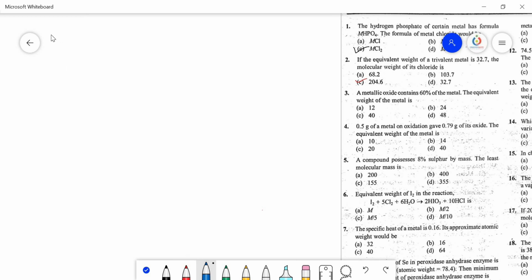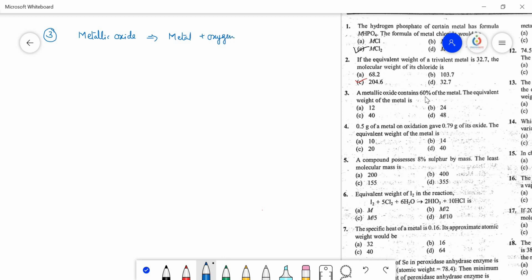Let's see question number 3. A metallic oxide contains 60% of the metal, equivalent weight of the metal is. Given compound is metallic oxide, means it is having both metal plus oxygen, both are present.